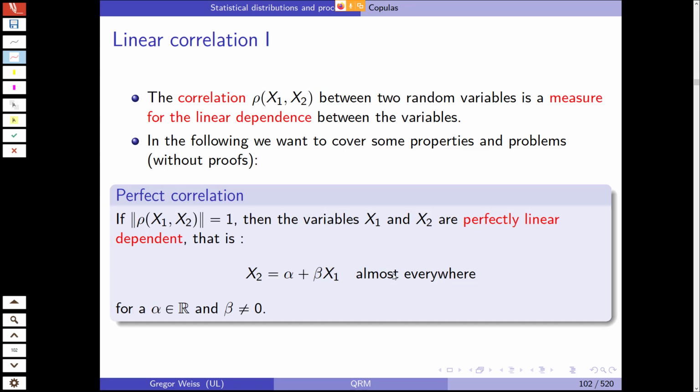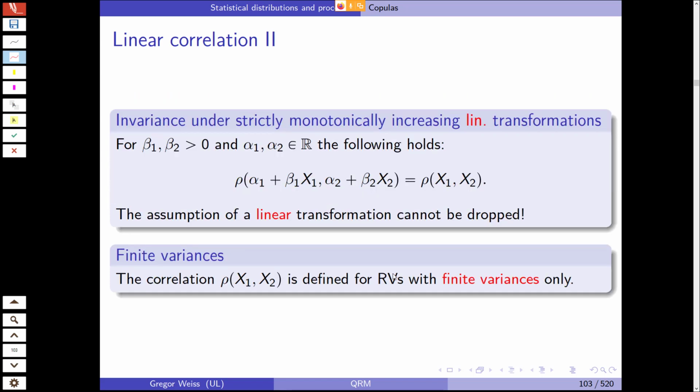Very simple result, which is already in the name. Perfect linear correlation means x2 is a linear function in x1. Now, linear transformation. Correlation is invariant under strictly monotonically increasing linear transformations.